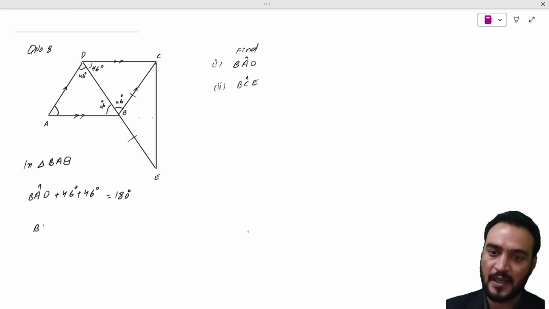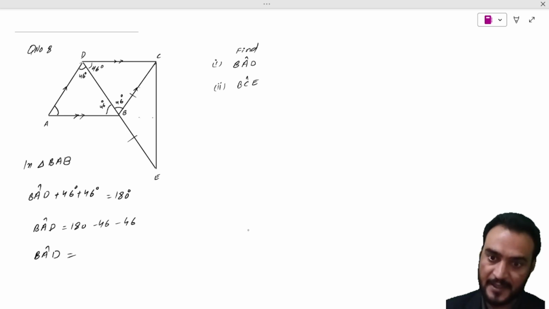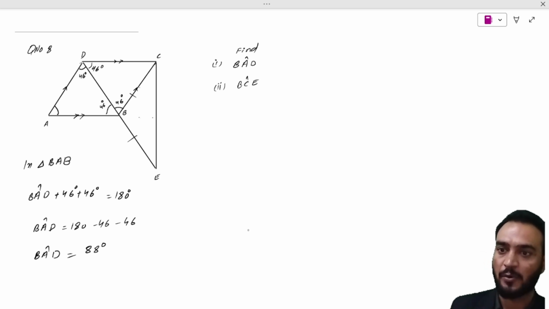Hence BAD is equal to 180 minus 46 minus 46. Subtracting these, we get the angle BAD, which is equal to 88 degrees. And so part 1 is solved.